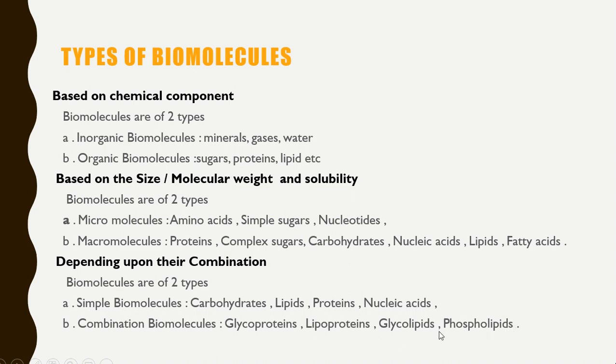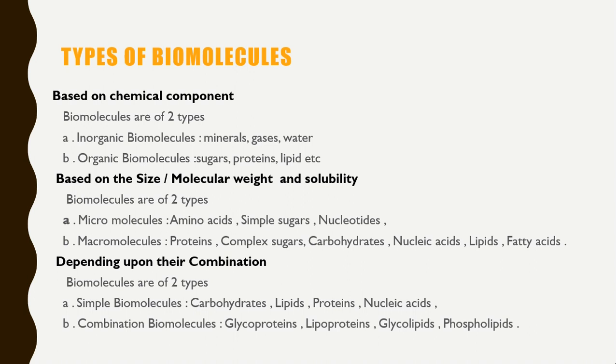So if we have such combinations of biomolecules, then those are all classified under the class called combination biomolecules. So these are just a brief classification of the biomolecules based on the different concepts like chemical composition, molecular weight, and their combination.